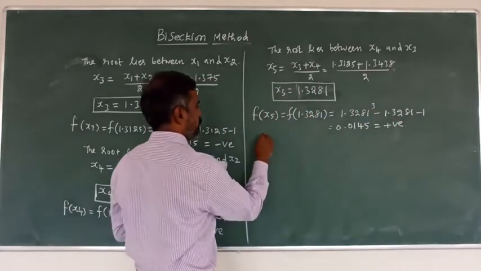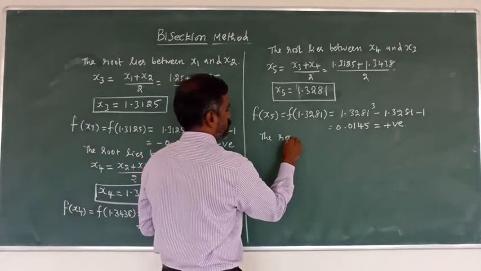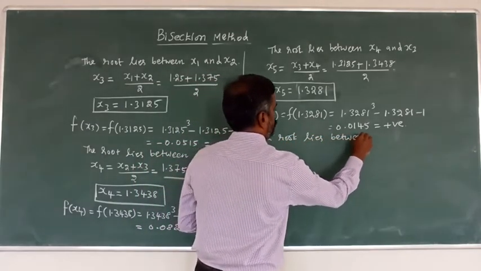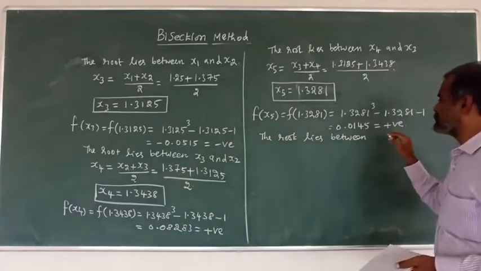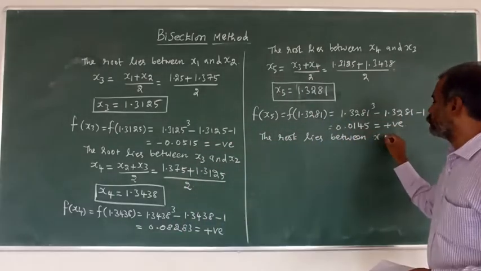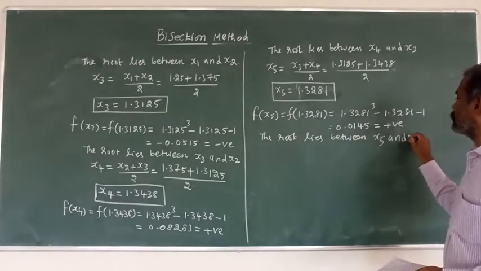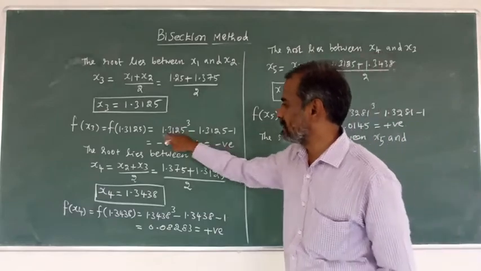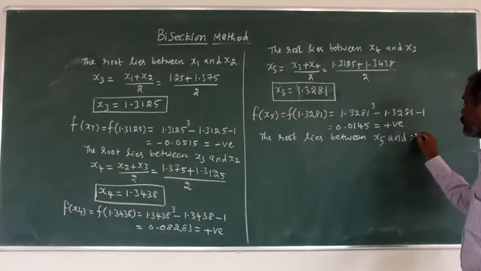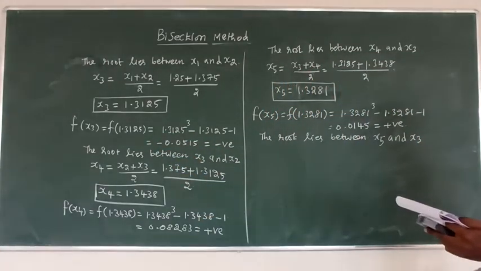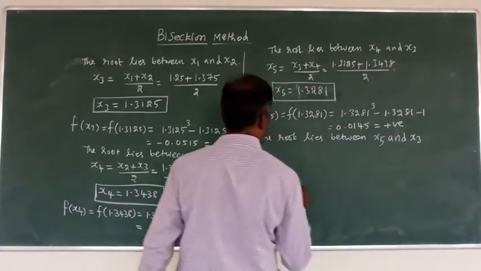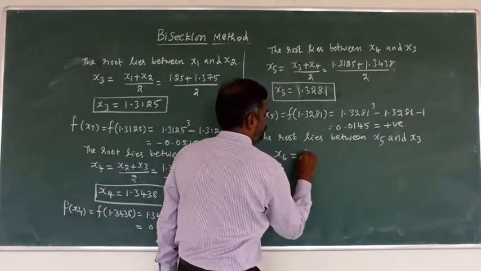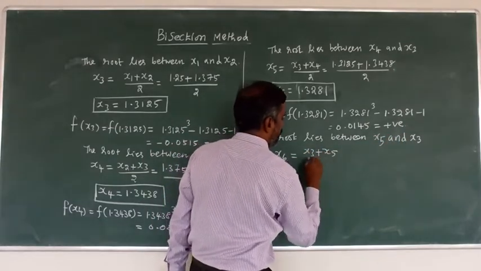So the root lies between one positive result, x5, and the negative result, x3. So we take x3 and x5.